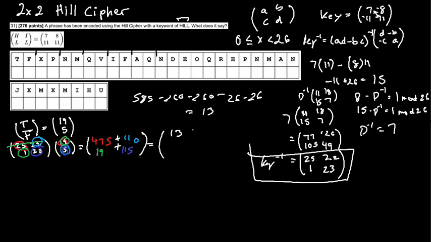So we have 13. Then 19 plus 115 is 134. Minus 130 is 4.